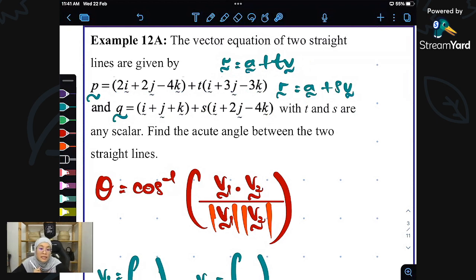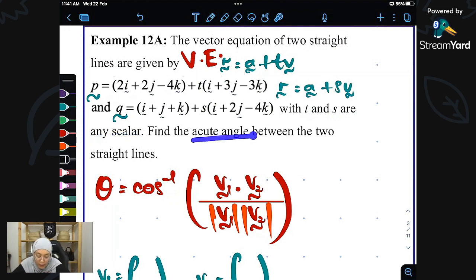I hope you can see that this is exactly the equation of line, in vector form. The question starts off given in vector form, where t and s are any scalar, meaning any constants.